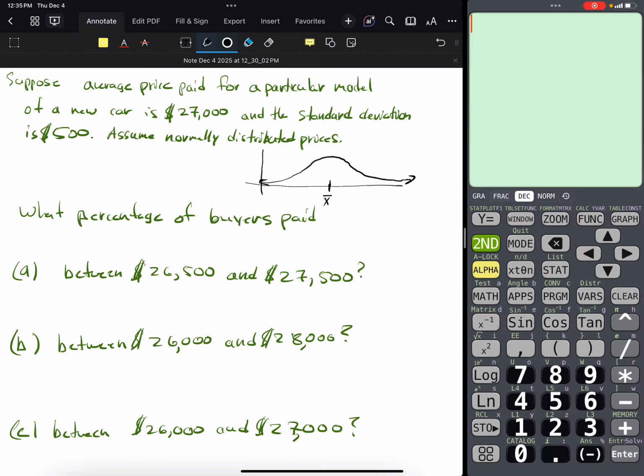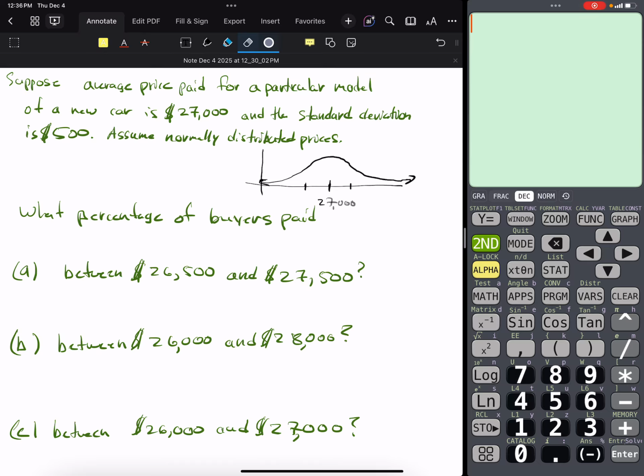What we're really given is X bar, and rather than writing that in as X bar, let's write that in as 27,000. I'm just going to write this in terms of thousands, because I don't have space to write all the zeros. I just erased more than I meant to.